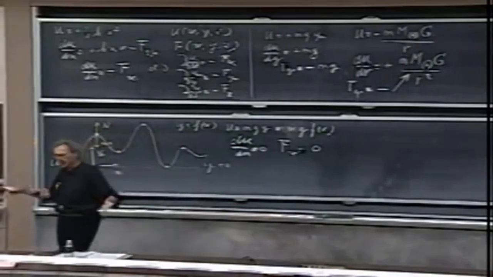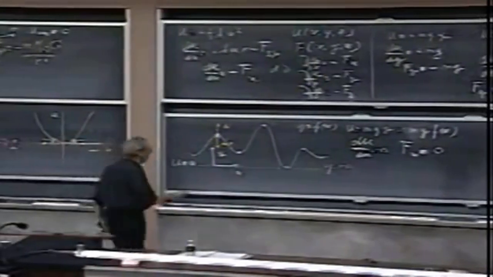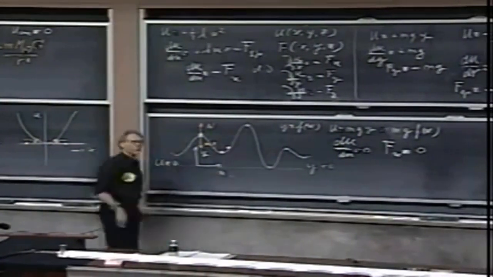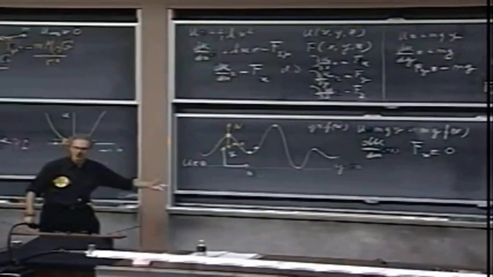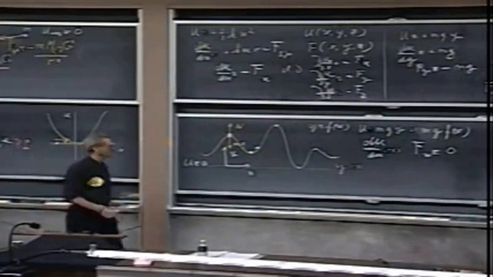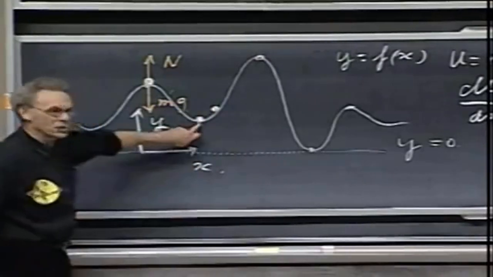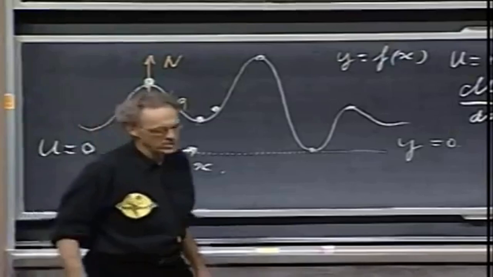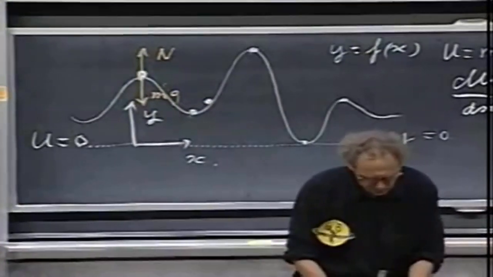In fact, what will happen is it will go to a lower potential energy. Here, however, if this one is offset, it will also want to go to a lower potential energy. The force is always opposing the direction of increasing potential energy, so the force will drive it back, and that's why we call this a stable equilibrium. It will always go back to that point, and this is an unstable equilibrium.